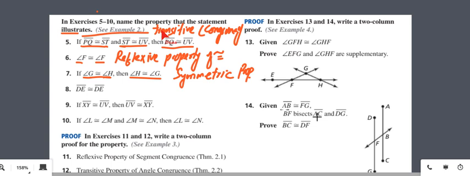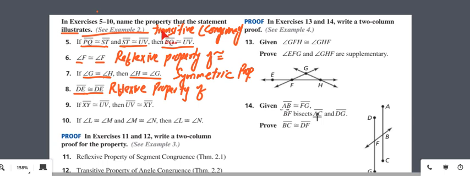Then in question number 8, it says that line segment DE is congruent to line segment DE. So this is again a self-congruency, the reflexive property again. This is the reflexive property of congruency for line segments.